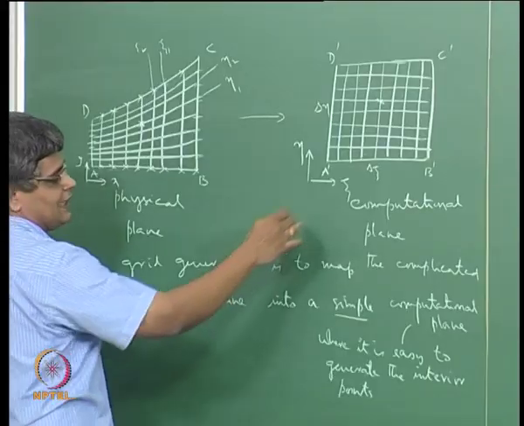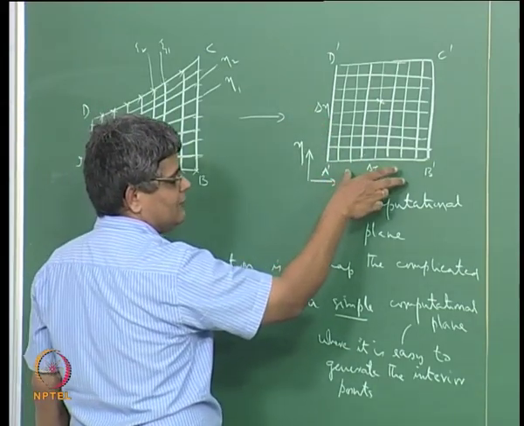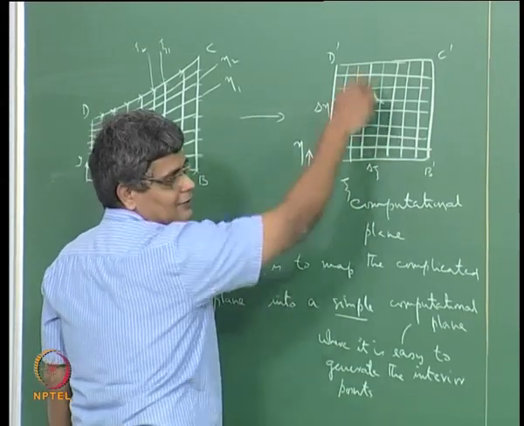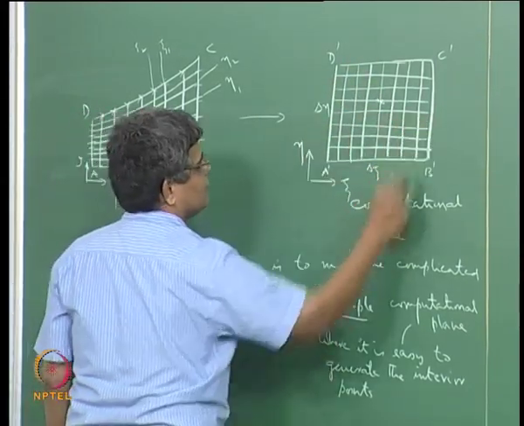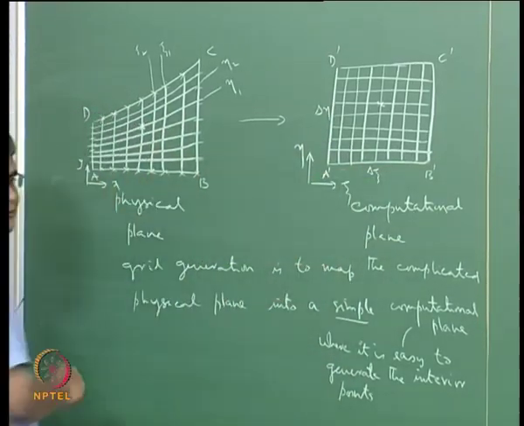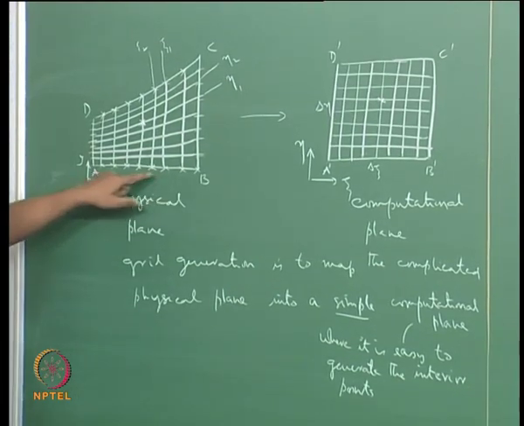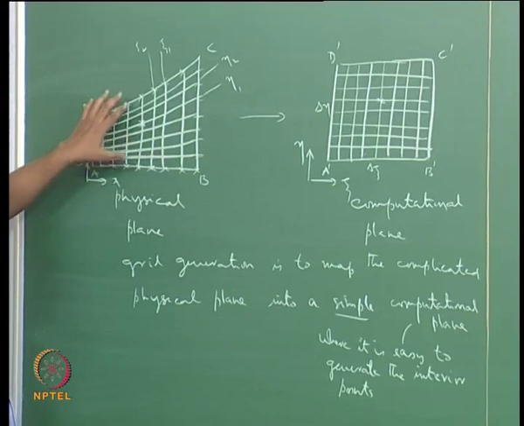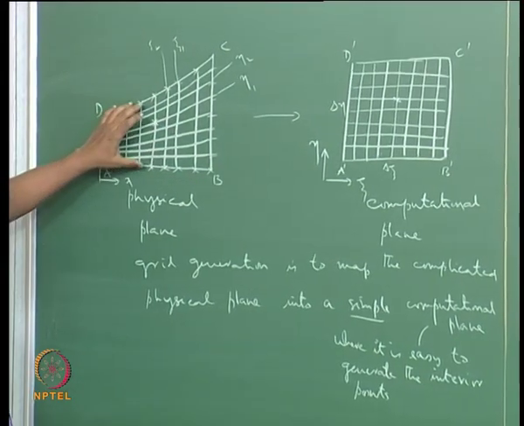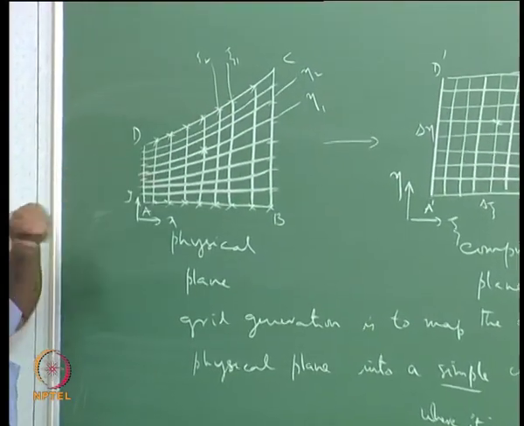We need not have the same number of divisions on this side and this side, but we maintain an equal number of divisions on opposing faces, and similarly on these 2 faces, and thereby we can fix the total number of points that are going to be forming the nodes within this physical domain.